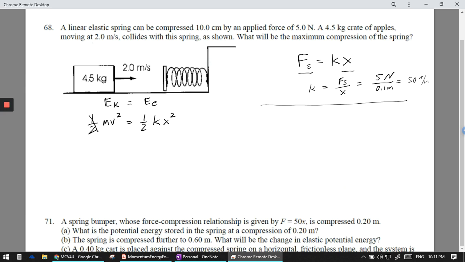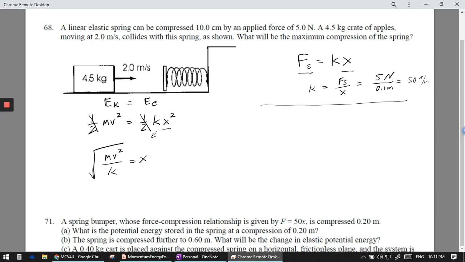Oh, look at that, our 1/2s cancel again. And now I'm solving for the compression distance, which is this x variable here. So if we do a little bit of algebra, I'm going to pass over the k, and get rid of this square root, and it turns out I've got mv squared over k equals my compression distance squared, so I root that side there.